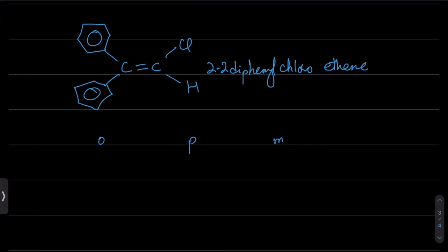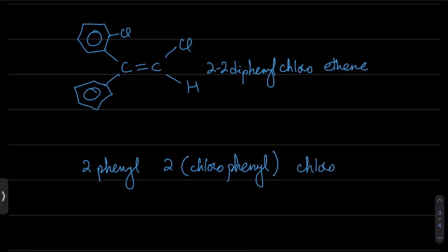So for example, if I had chlorine here. Now there are 2 ways of doing this. One is I say that I have 2-phenyl, 2-chlorophenyl chloroethene. That is one way I have. But here I can't confirm where the chlorine is on the chlorophenol. So we can say ortho-chlorophenyl, sorry, or just for simplicity we can say 2-chlorophenol.